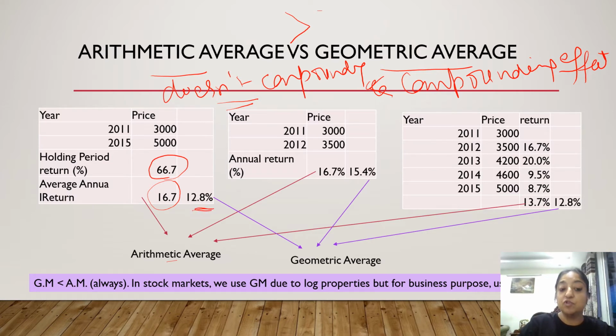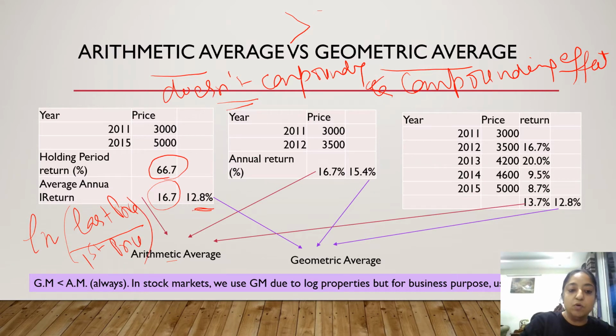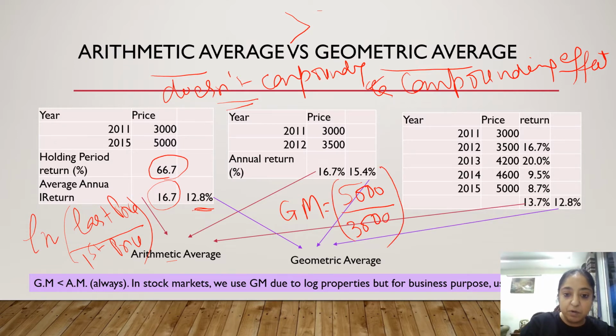But if I take the geometric average, how do I calculate it? Natural log of the last price divided by the first price. So the geometric mean for this will be 5000 divided by 3000, and here the power is 1 upon n, or I'll take 1 upon 5 over here.